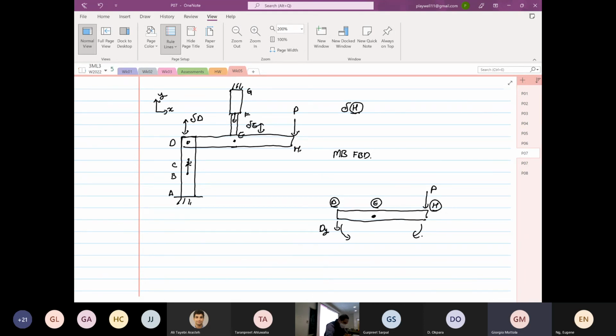Why? If we assume it to be upwards, wait, this is point D, this is point E, this is point H. If we assume P to be coming down and D to be going up, when we take point E as our moment, this will rotate this way, right? The moment at point H will generate a rotation.